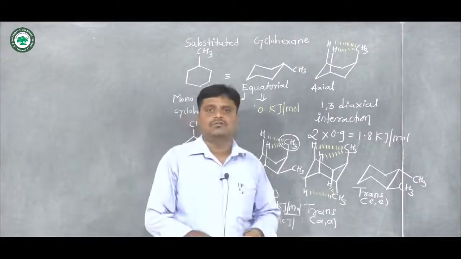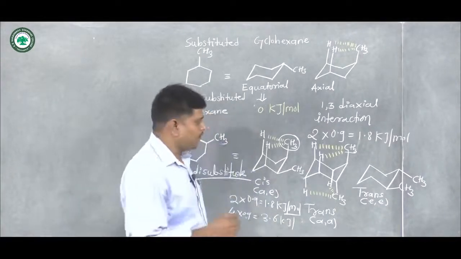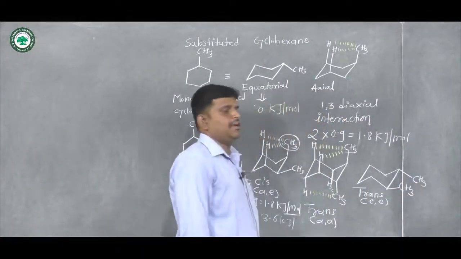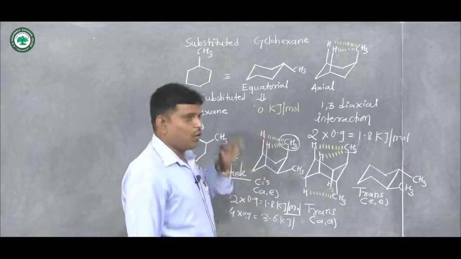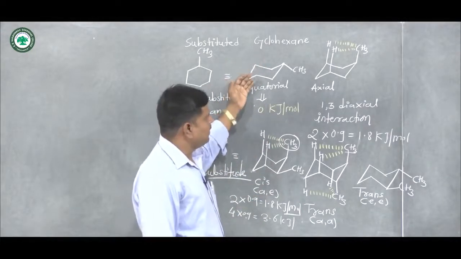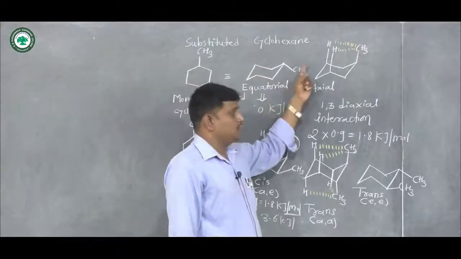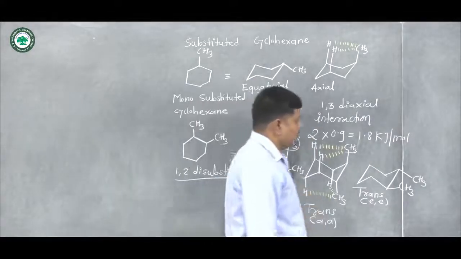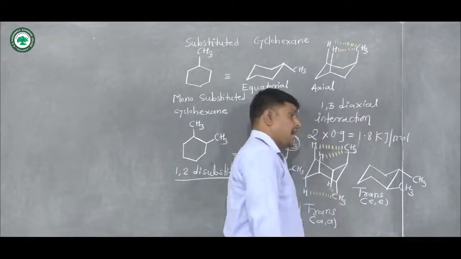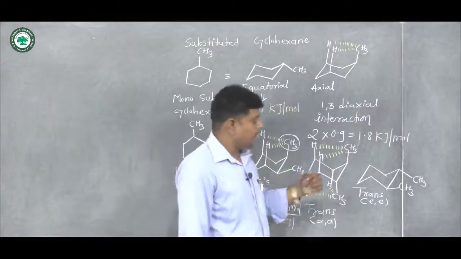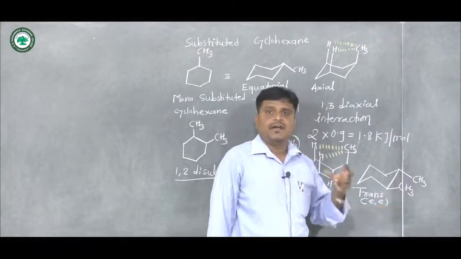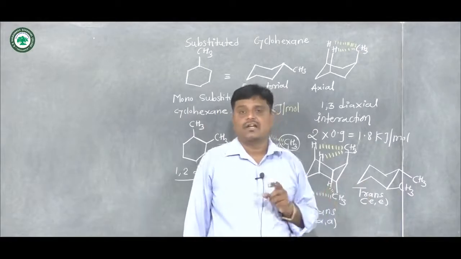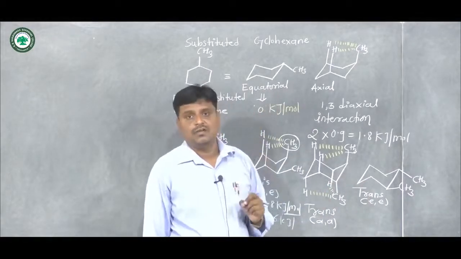Okay, its energy is somewhat much higher. Why? Because both of the substituents are at the axial position. And now we go for the third, trans. Here both methyls are present at the equatorial position, so according to what we wrote first, if the substituent is present on the equatorial position, at that time we get 0 kilojoule. But here both methyls are on adjacent carbon atoms, and even though they are at equatorial positions, they don't give 0 kilojoule energy.